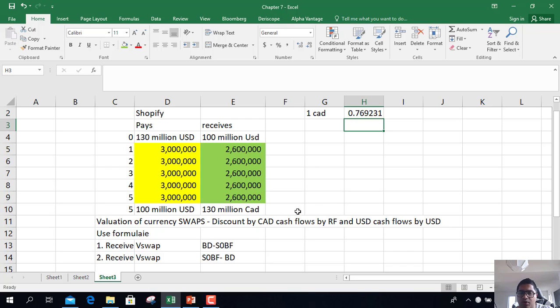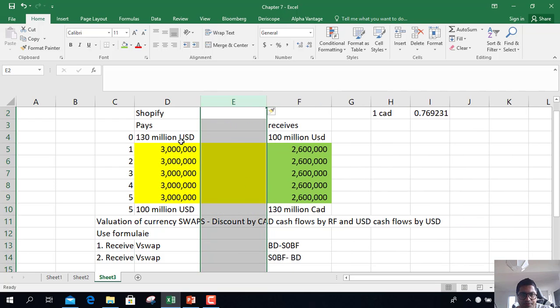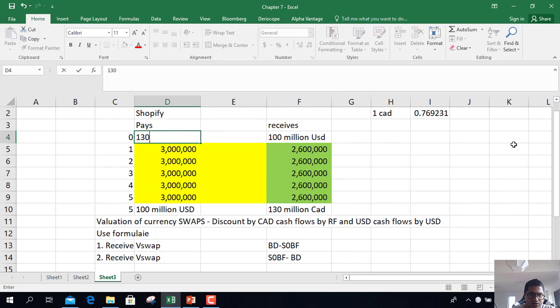So how do you value a swap? You find out present values. So for this, let's do 130 million and 100 million.